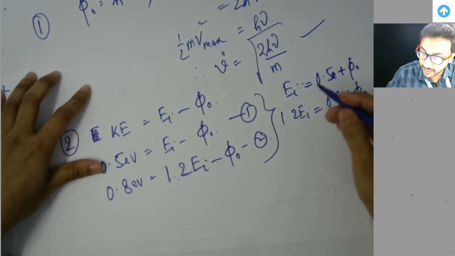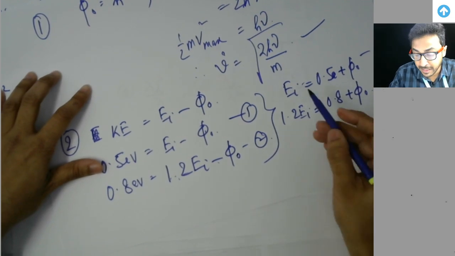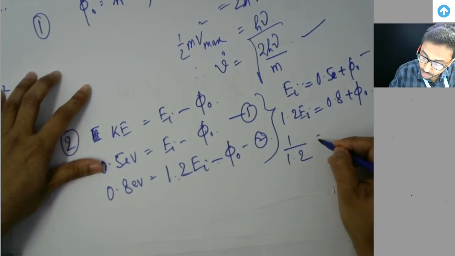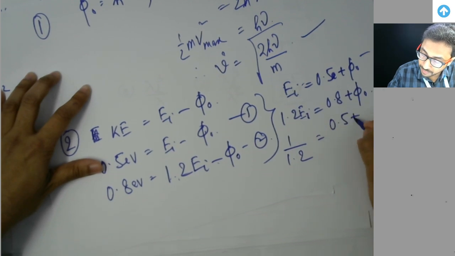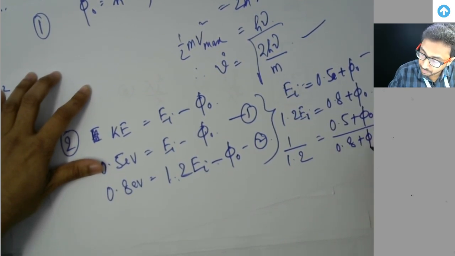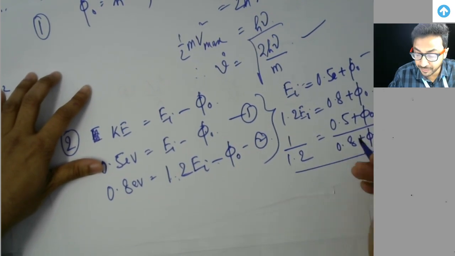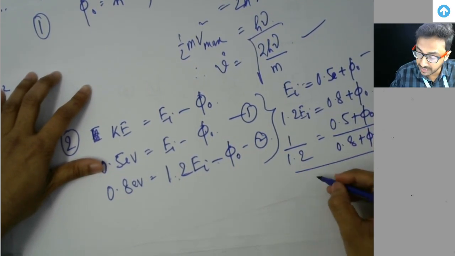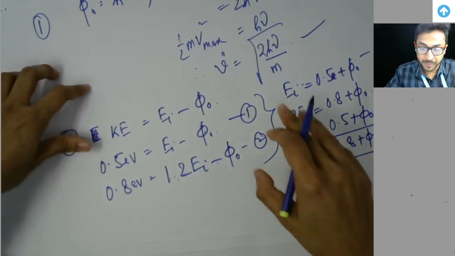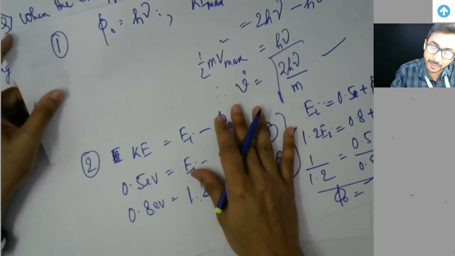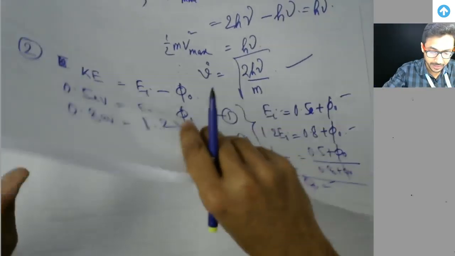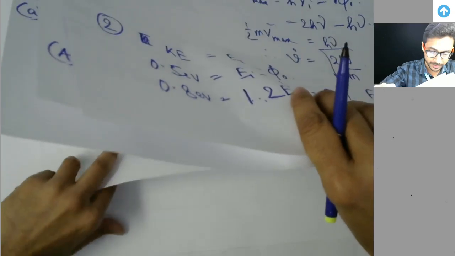Now if you divide this by this, E_I will cancel out. It will be 1.2 equals (0.8 plus phi 0) by (0.5 plus phi 0). I am not proceeding further. If you solve this, we can easily find the work function. These kinds of easy problems come in the joint entrance examination. Now, let us go into more complex problems.